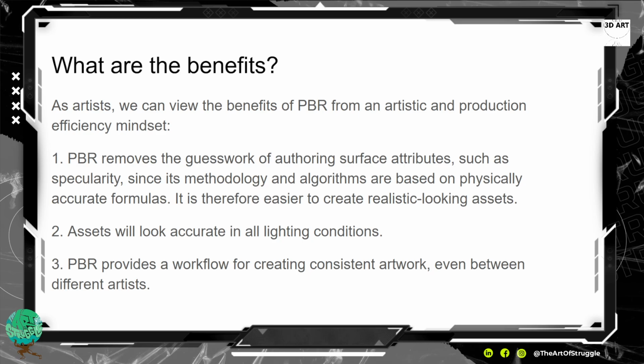Now with the formulas, it just looks realistic by following those energy conservation rules and just saying, all right, this is metal, this is not. The computer's going to do the rest, right? And it's just a black and white grayscale map now, rather than you having to determine it yourself. So assets will look accurate in all lighting conditions, right?